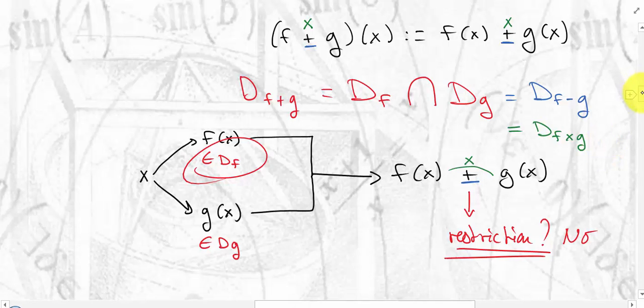All right, now let's look at another operation we talked about, which is the reciprocal. So the reciprocal operation is just 1 over f of x. So what happens to an input? Well, the first thing that you do is you put it into f of x, right? I'm looking at this piece right here. So for that, I just got to make sure x is in the domain of f.